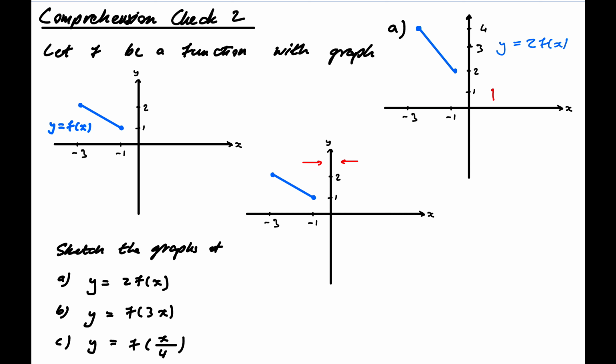So up here it was stretching out like this. Here it's kind of compressing in. So the vertical components are the same, but it's compressing in by factor 3. Now this is going to make our picture a bit difficult to read, but what's going to happen is the -3 will be reduced in by factor 3, so it's going to go to what?